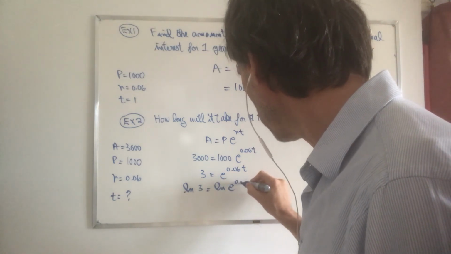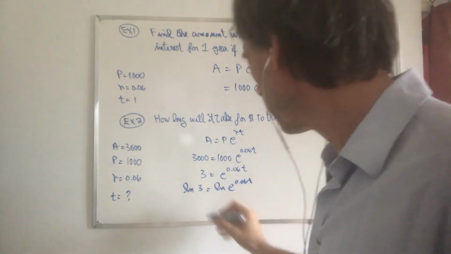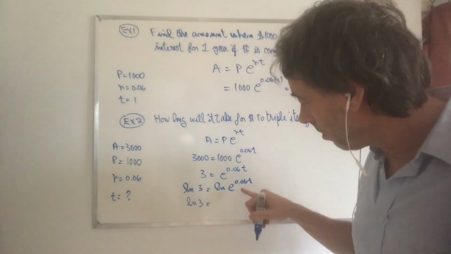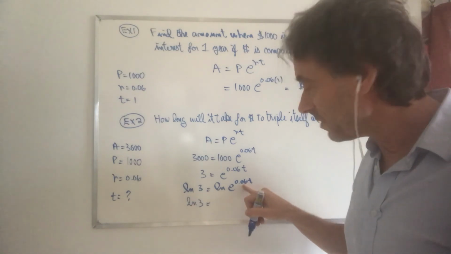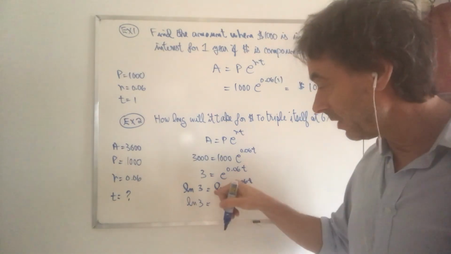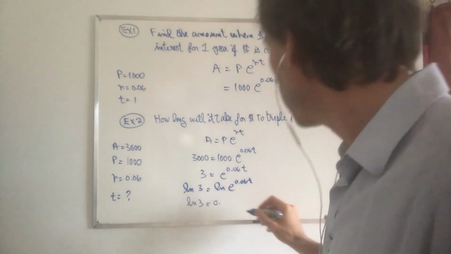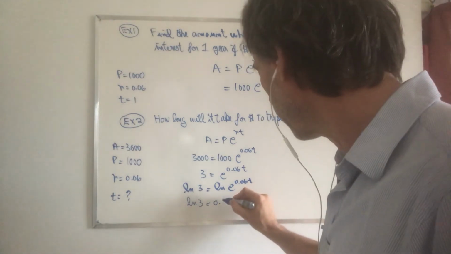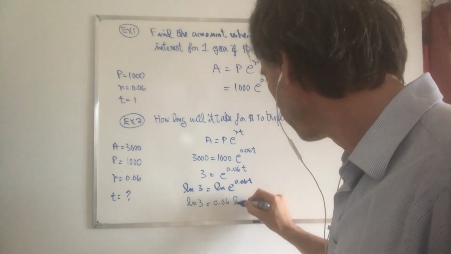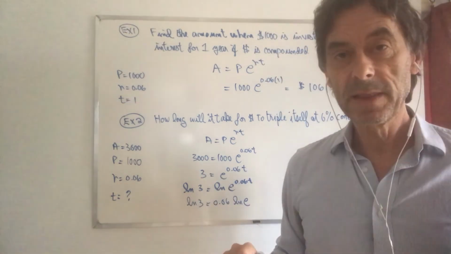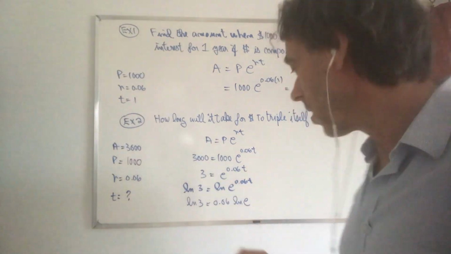So the best way to do that, you probably remember a little bit from high school, is to take the ln on both sides. So that the ln of 3 is, let me use that rule of ln that says if you have a power, you can actually bring it in front of the ln. Remember that? We use that in logarithmic differentiation. So 0.06 t times ln of e. And ln of e, if you put that into the calculator, you're going to get 1.